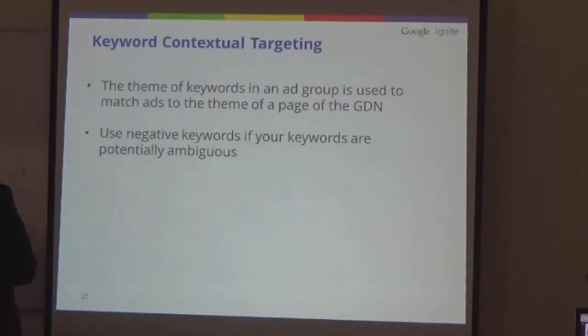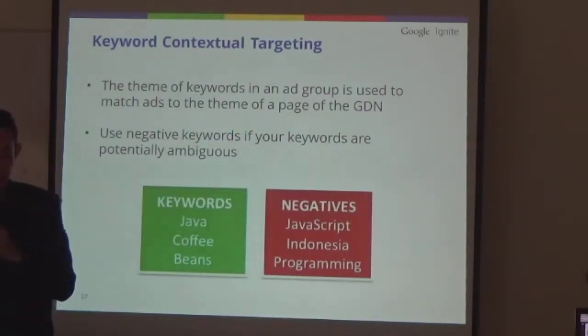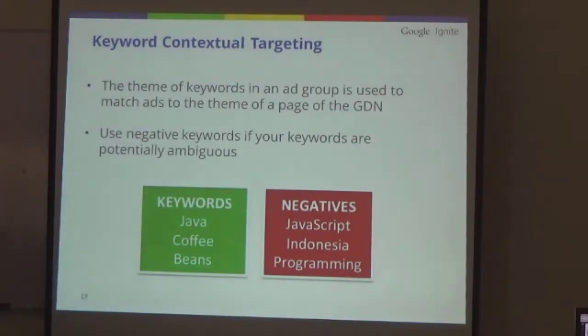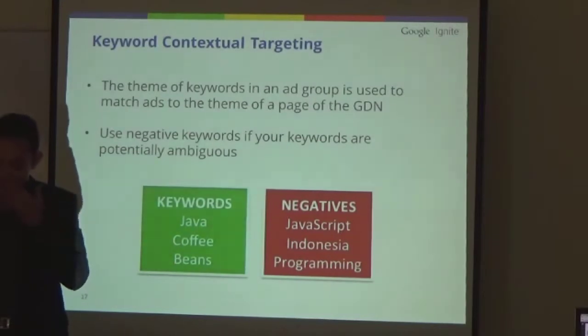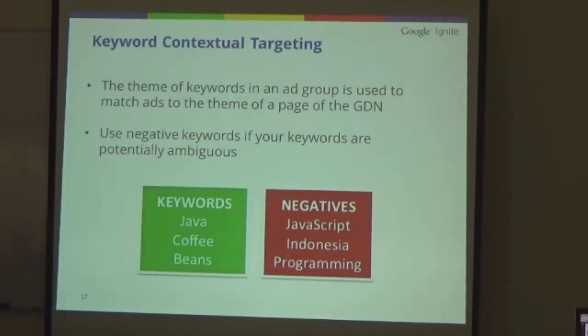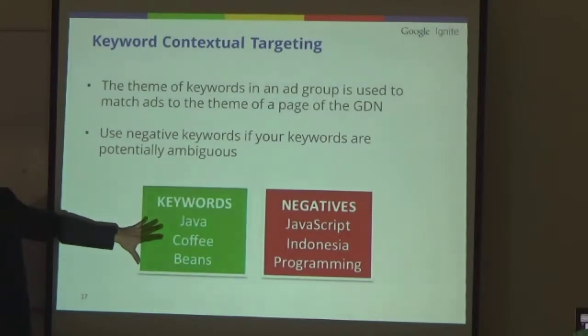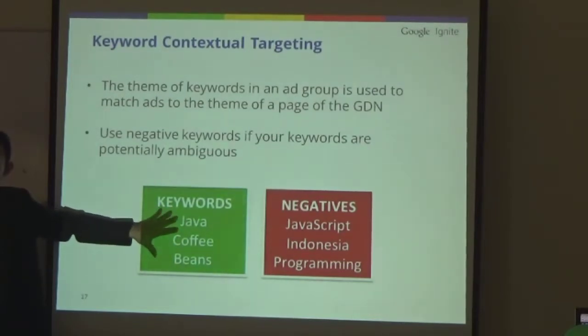You can also use negative keywords if your keywords are potentially not clear. For example, say I'm selling coffee, and I'm targeting the keywords Java, coffee, and beans. These are the keywords for which I want Google to find pages, and whichever sites are contextually related to these words about coffee, Google will show my ads. This is contextual targeting.